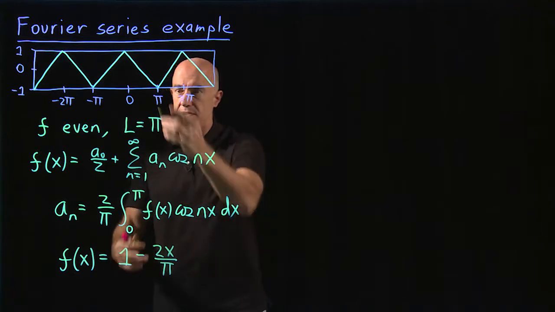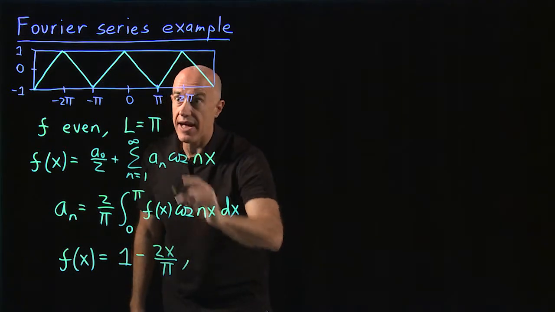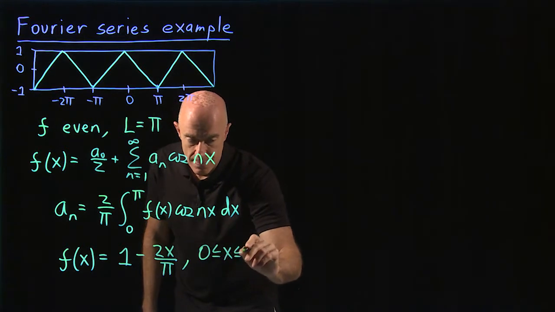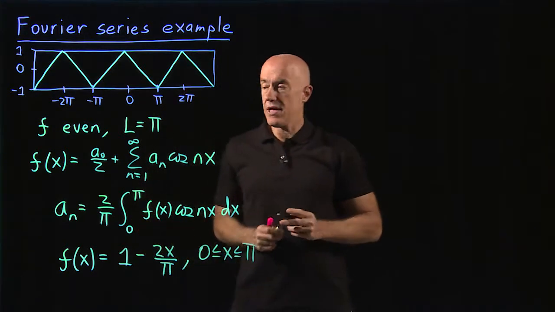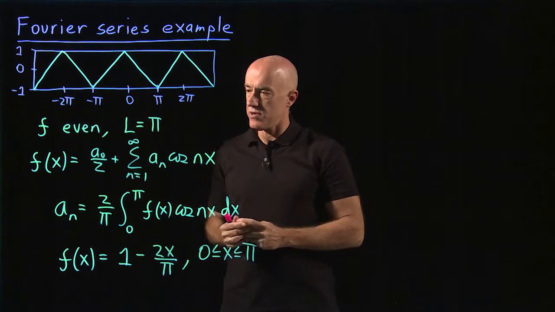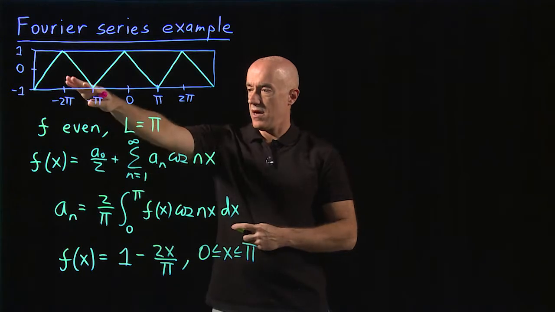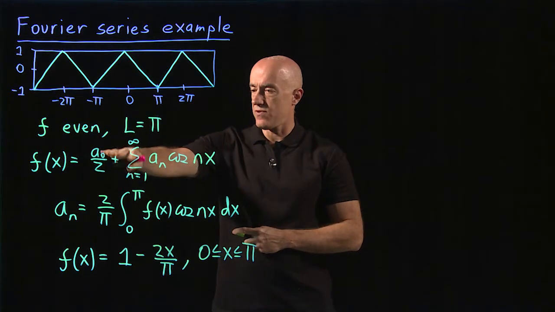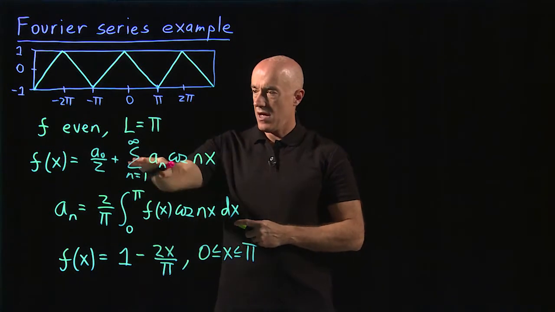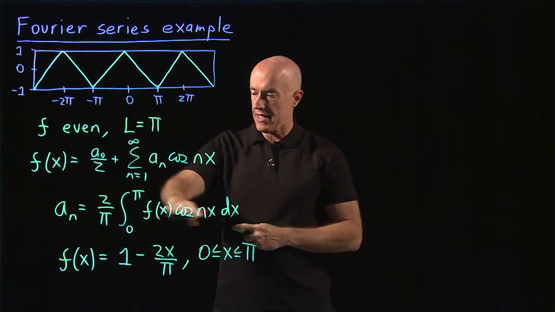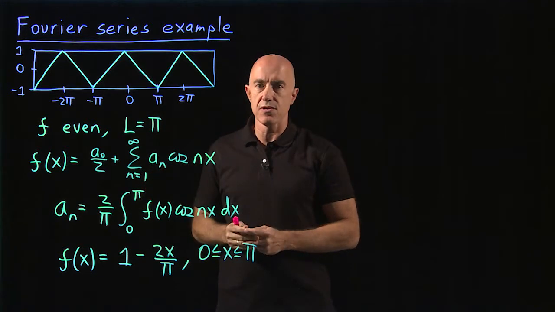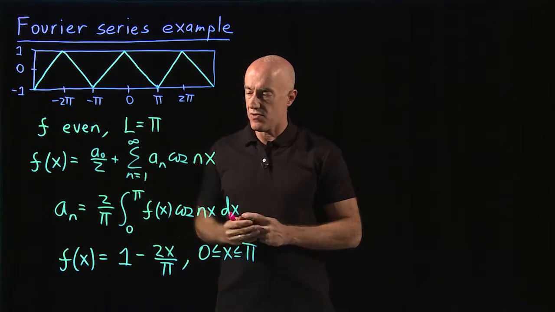And that will be valid for x between 0 and pi. So that's the Fourier cosine series for this function. We have it written as a naught over 2 plus the summation over cosine waves. We've written down what a sub n is and what f is. So what remains to be done then is to compute this integral.